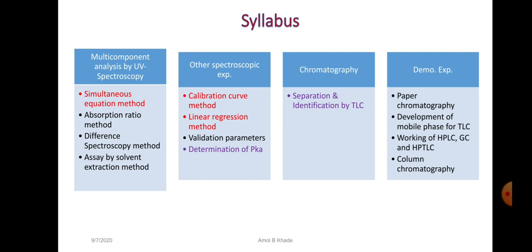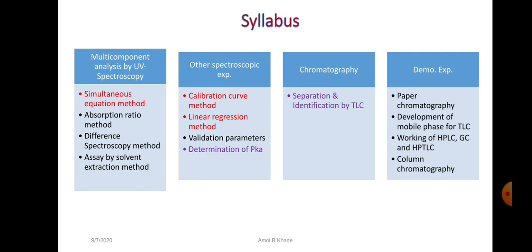So these are the experiments under the multi-component analysis method. Second is the other spectroscopic experiments. So that is the calibration curve. I think in the previous semester, Sem 5 in PA2, we have already seen what a calibration curve is, or it is also called a standard curve.